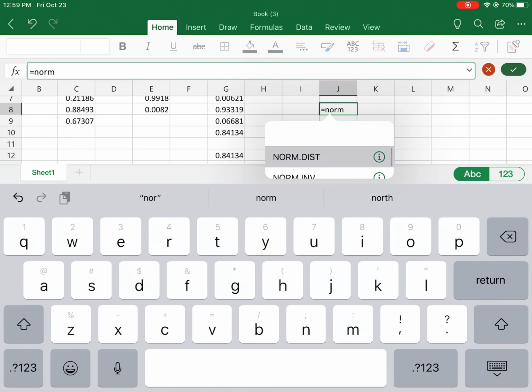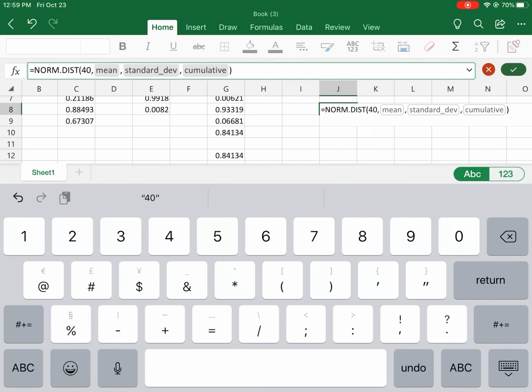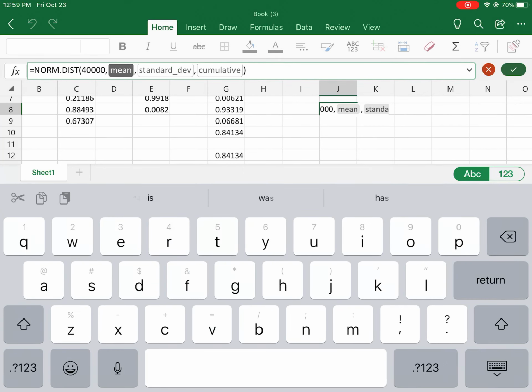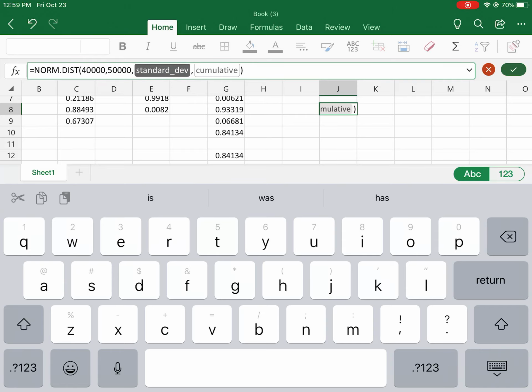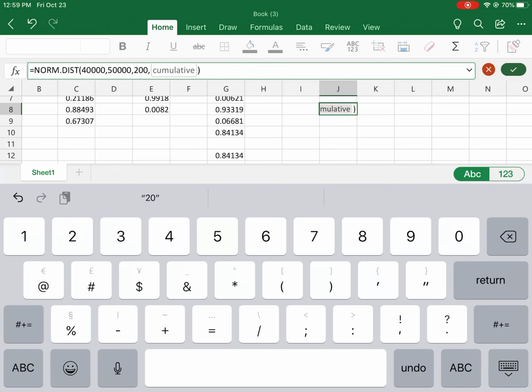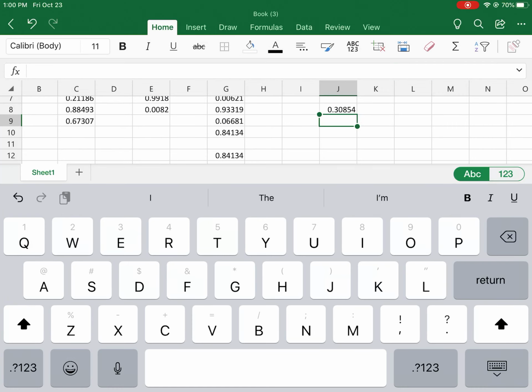So equals the norm distribution. So here I have 40,000. My mean is 50,000. And my standard deviation is 20. And then the cumulative, again, that is true. And hit enter.